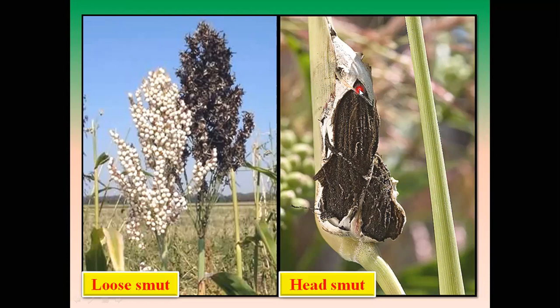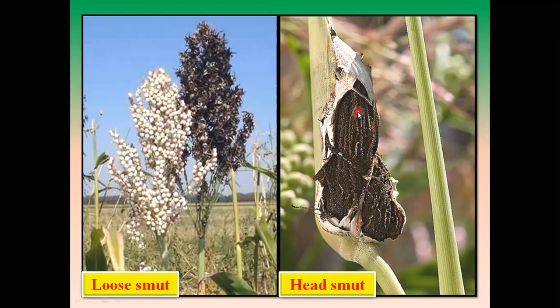The pathogen generally infects at the time of flowering of sorghum. The reproductive organs are totally converted into large fibrous or filamentous bodies. The sorus fully emerges, the fungal wall ruptures, exposing a large mass of black powdery spores.